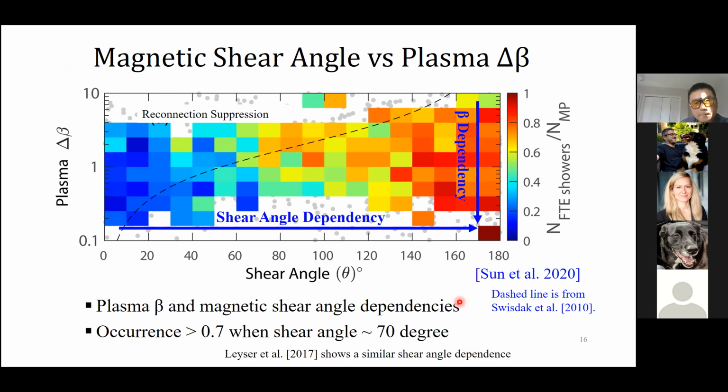In this figure, the horizontal axis shows the magnetic shear angle across the dayside magnetopause for the event, and the vertical axis is approximately the magnetosheath plasma beta, which is determined from the pressure balance, based on the assumption of pressure balance across the dayside magnetopause. And the color shows the occurrence of FTE showers in each bin.